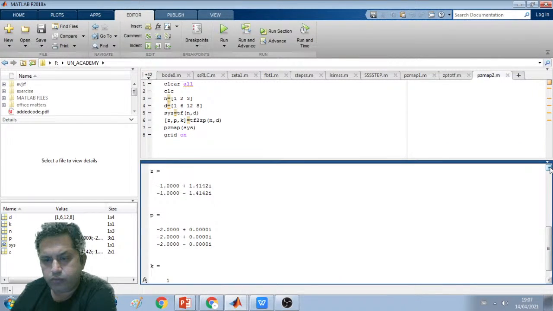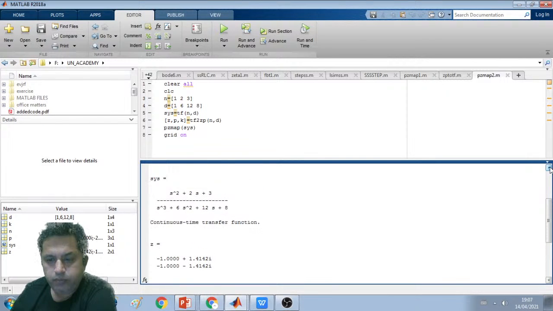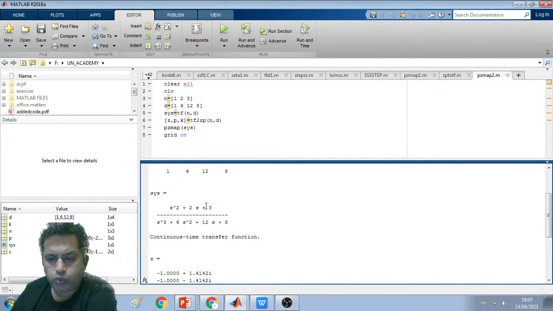So if I say the transfer function is s square plus 2s plus 3 over s cube plus 6s square plus 12s plus 8.